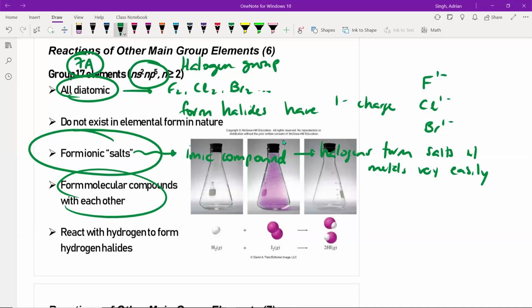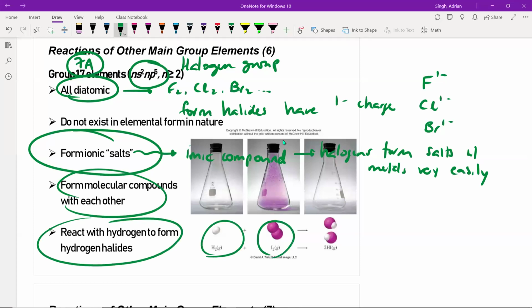As we've seen previously, they can also react with hydrogen to form hydrogen halides. So like down here, hydrogen and iodine can react together to form hydrogen iodide, HI, and then those can dissolve in water. So this, for instance, can dissolve in H2O to form the general hydrohalic acid.